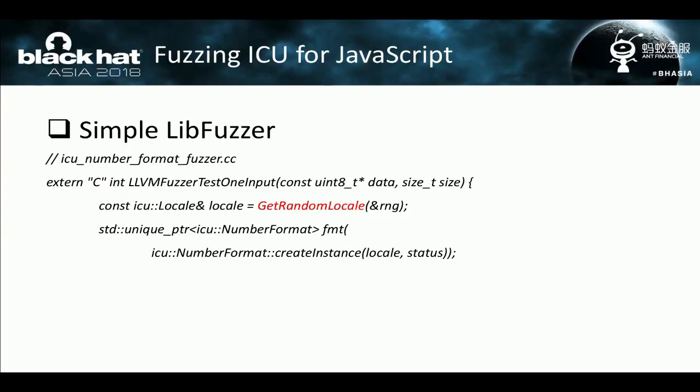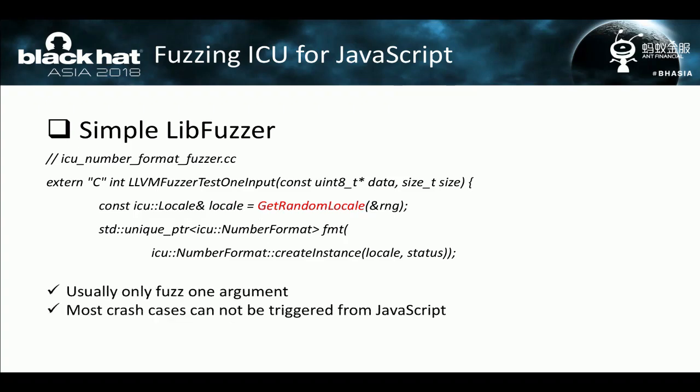It first gets a random locale from an array and only fuzzes the date number from the data. Because the locale filter is considered, the crashes cannot be triggered from JavaScript.